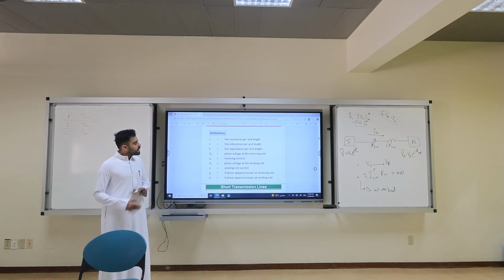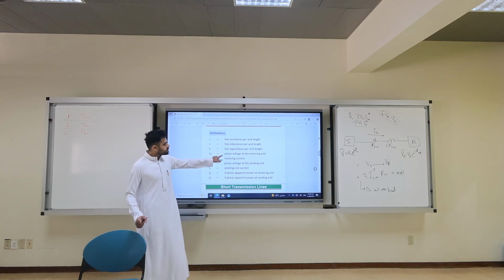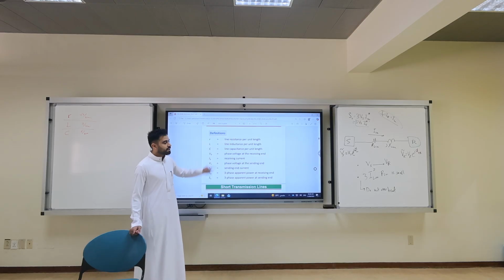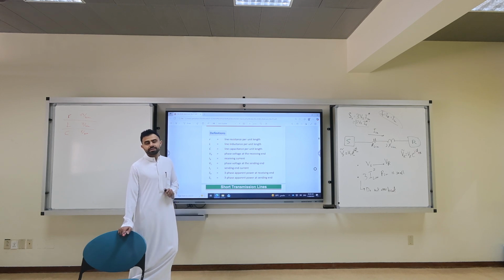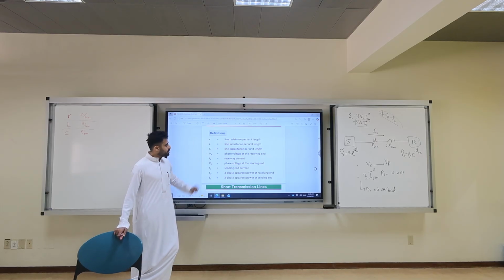Not only that, we have the phase voltage for sending and receiving. Are they line to line or phase? Let's say Y connected, 3 phase. So VR and VS are phase quantities. We have line to line values, so you need to divide by square root of 3 to get the phase quantities.